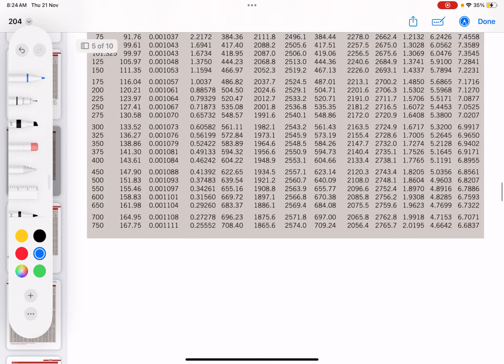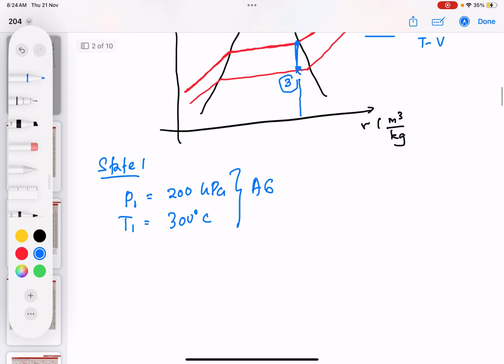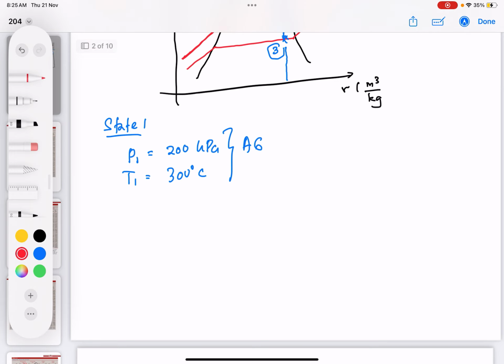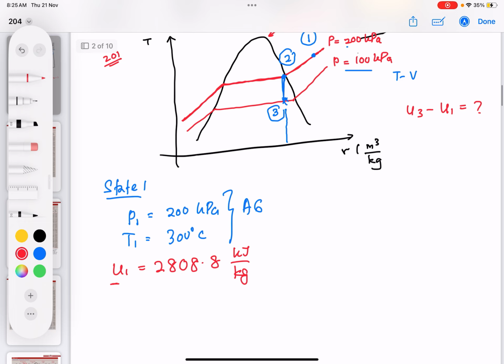So let me rewrite over here: U1 equals 2808.8 kilojoule per kg. So I already got this one, because what the question asks is that I need to find U3 minus U1. What is the value?